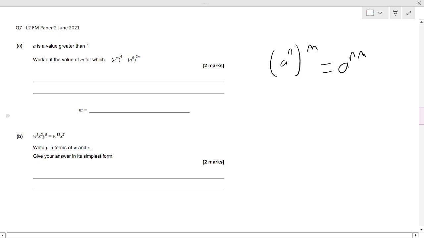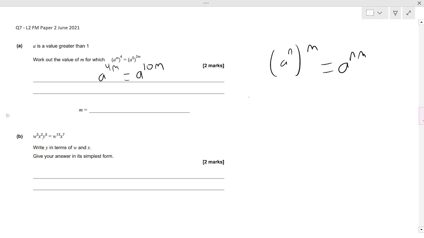Okay, so with this in mind, a to the n to the 4 is going to be a to the 4m, because then n times 4 will be 4m. And then this is going to equal a to the 5 of 2m, so you're going to times 5 by 2m. 2m times 5 will be a to the 10m. Okay, now we can compare, right?